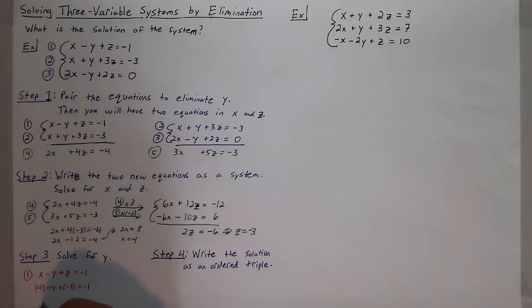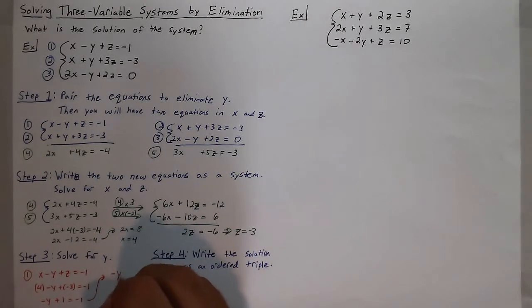So I'll have -y plus 1 is equal to -1. Continuing forward, I would subtract 1, get -y is equal to -2, y is equal to 2.